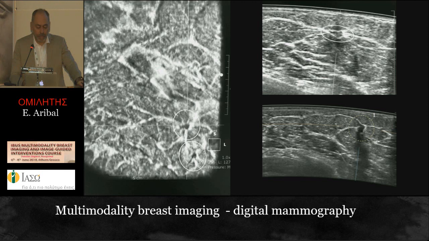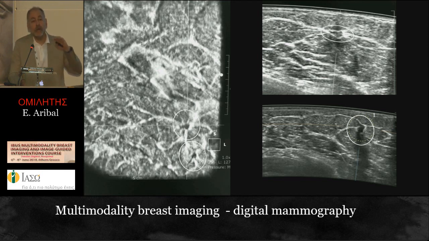And here on ultrasound, on the transverse images of the same ABUS, the second one looks like it is taller than wide. It's non-parallel, but the first one here is parallel, so it looks benign. However, coronal images are suspicious and the mammogram images are suspicious.